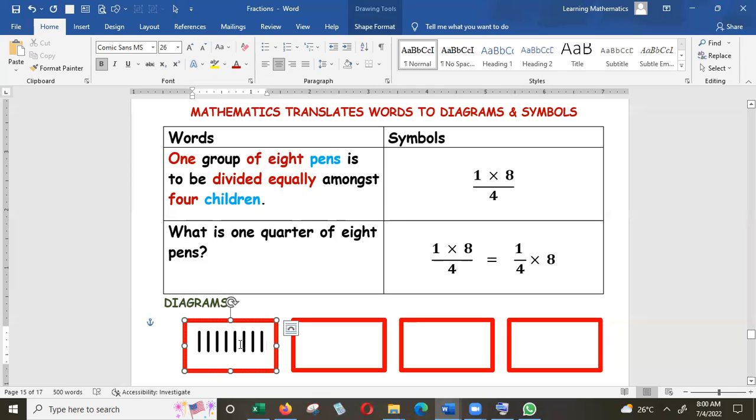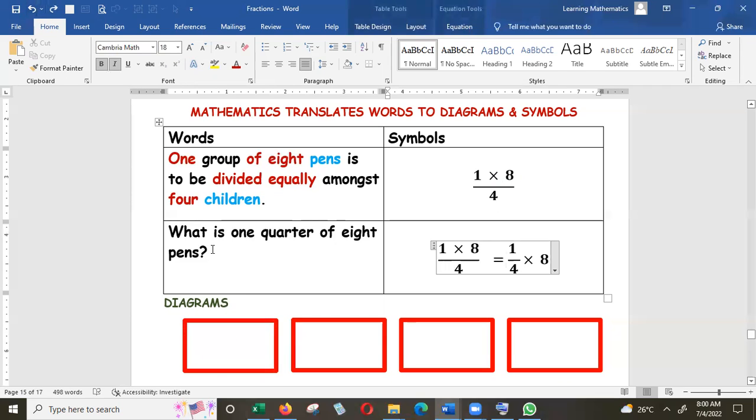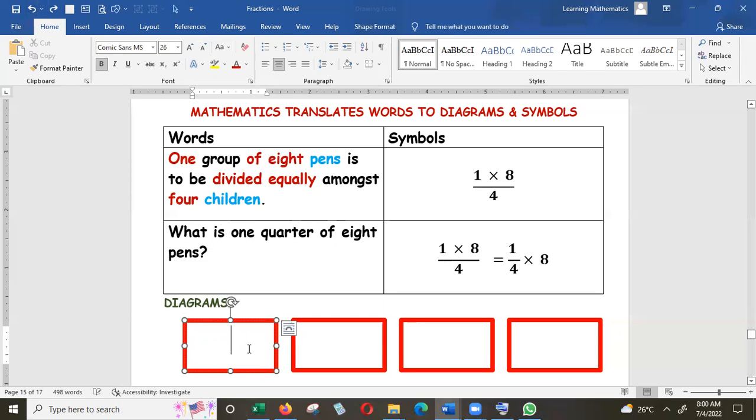That's one group of 8 pens. But then one child, you cannot give one child all of the 8 pens. So let us try to distribute it equally amongst them. One way of doing that is by giving a child 1, give another child 1, to ensure that each child gets the same amount of pens.